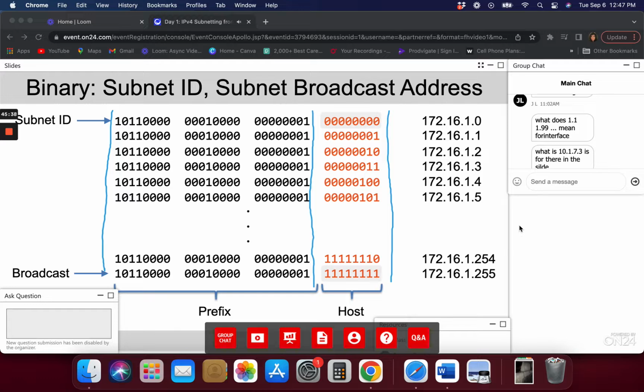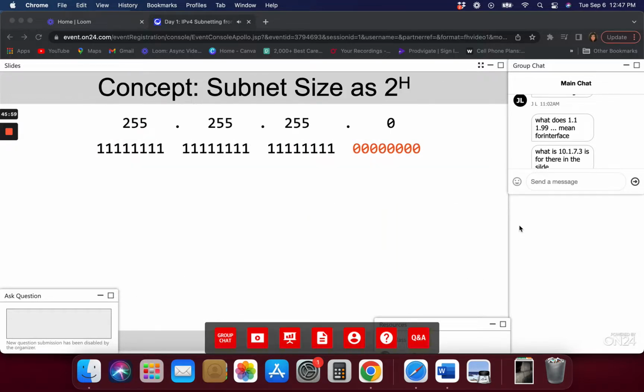It turns out that if we list the numbers from lowest to highest, the lowest number is the subnet ID, and the numerically highest number is the subnet broadcast address. Everything in between is allowed to be used by a host. Now, how big is that subnet? We could have counted the addresses between the subnet ID and subnet broadcast address and counted 254 addresses.